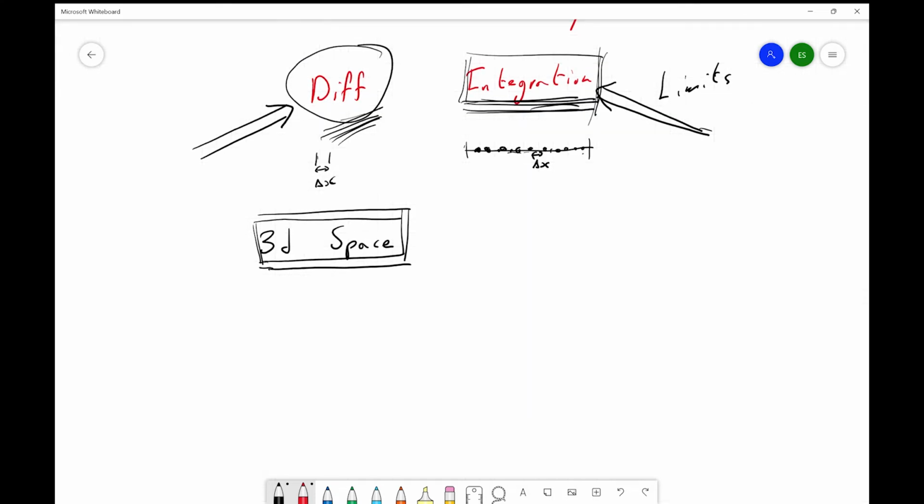So let's review a bit the gist of calculus in one-dimensional space, essentially calculus on the real line. So this is R, the real line. What is the idea of calculus on the real line?